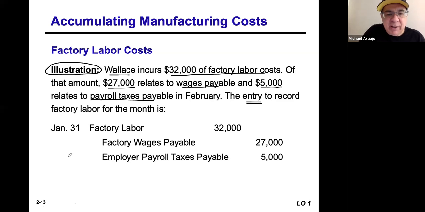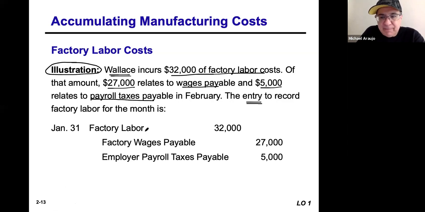The entry at the end of January for Wallace Company is a debit to factory labor. Again, factory labor is on the subsidiary ledger with your inventory. In a manufacturer, we look at things a little bit differently.